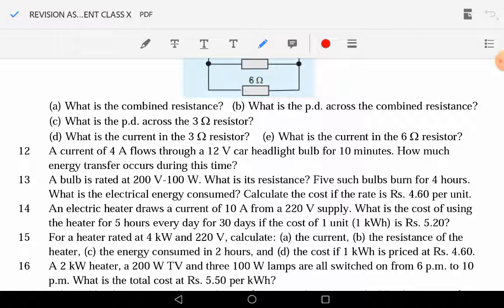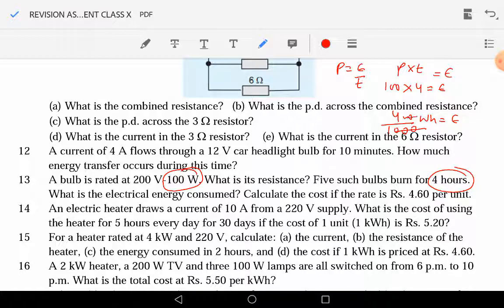We all know that P is equal to E upon T, and energy we have to find out, it will be P into T. Power is given to us as 100, so we'll put 100. Time is given to us 4 hour, so this is 4. It comes out to be 400 watt hour. But remember, energy consumed should be in kilowatt hour, so we will divide it by 1000 and we get 0.4 kilowatt hour.